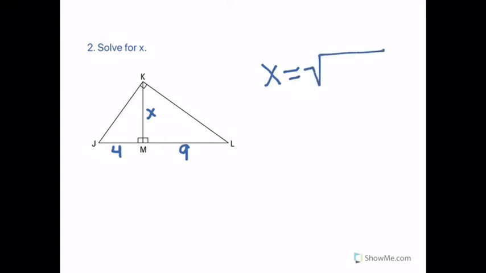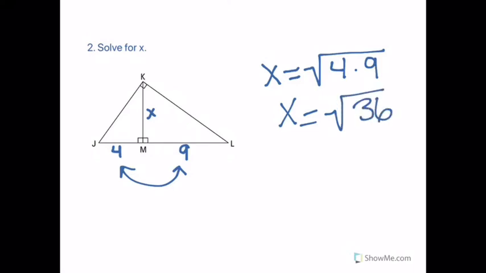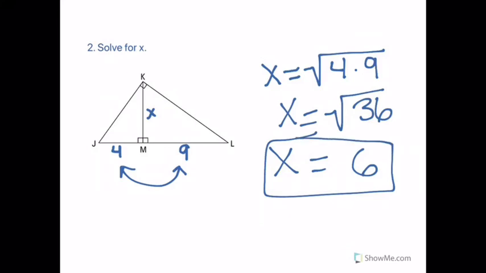So square root, and then multiply these two numbers together, 4 times 9. 4 times 9 is 36. Oh, this one's nice. Since 4 and 9 were both perfect squares, 36 is a perfect square. The square root of 36 is 6. We don't have to worry about simplifying the radical since 36 is a perfect square. x is 6, and we are finished.